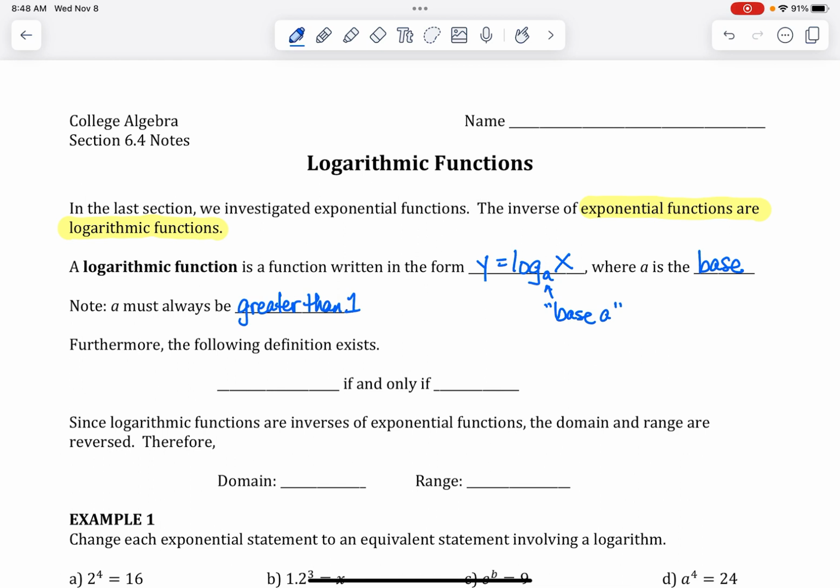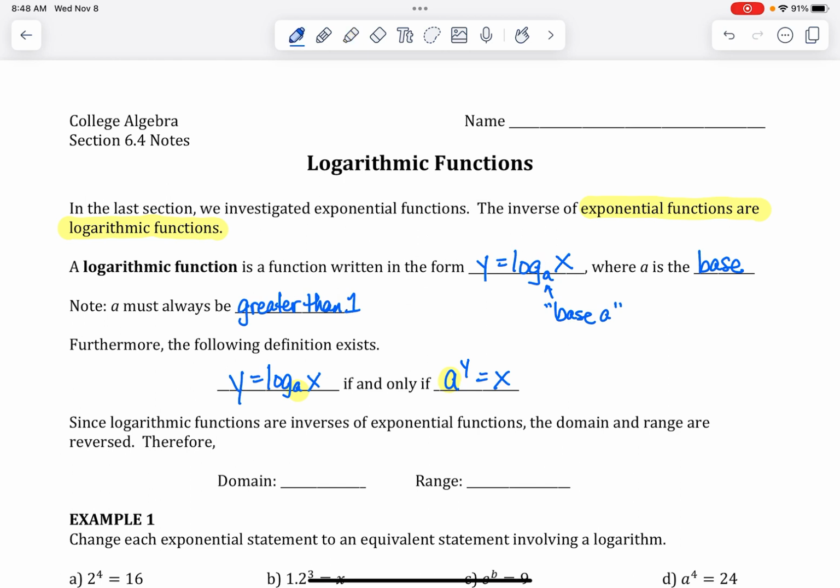Okay, so the big thing with the section dealing with logarithmic functions as it relates to exponential functions is the following definition. If we have our log definition, log base a of x can be rewritten as a, your base, to the y power equals x. Just like in exponential functions, the base a in an exponential function is the base in the log as the subscript.